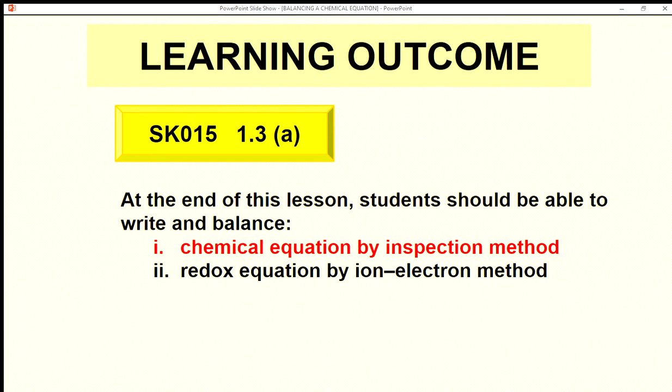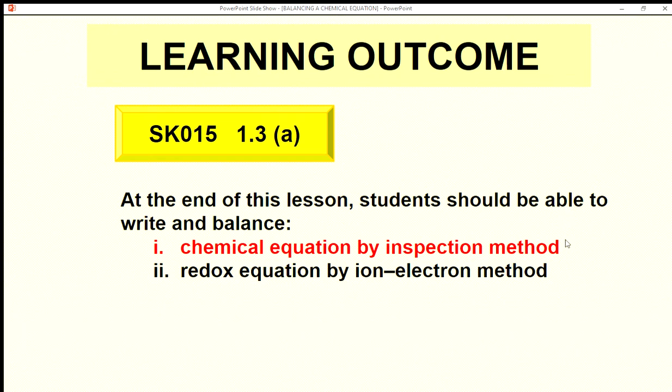Second, you're going to learn how to write and balance redox equations through the ion electron method. But for this lesson, I'm going to just focus on the first part, which is how to write and balance the chemical equation through the inspection method.